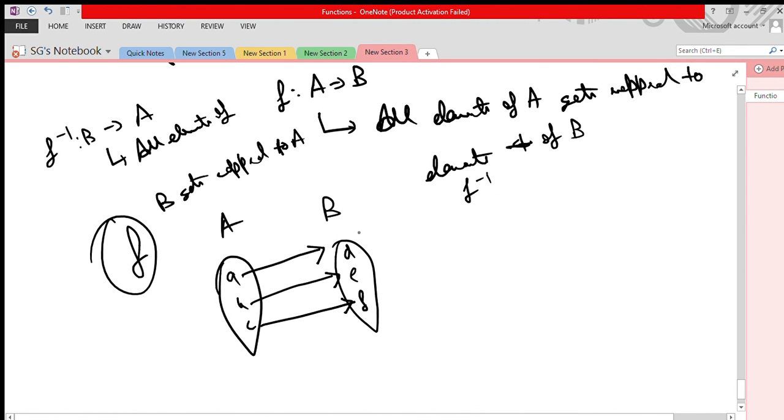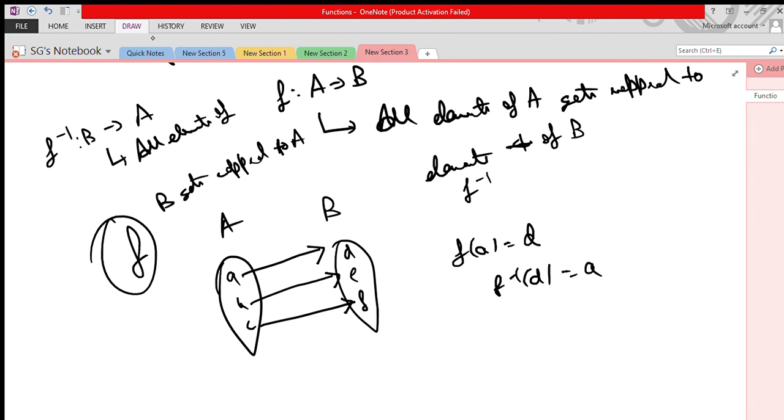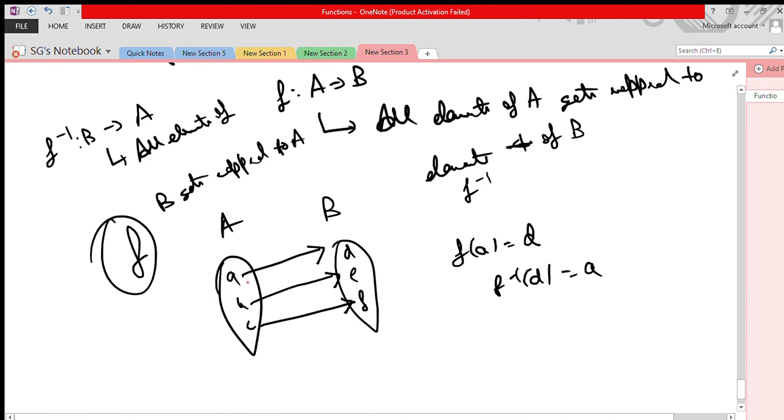That basically means that every element of B will also get mapped back to an element of A. And since f of A equals D, f inverse of D will get mapped to A, that is the pre-image. An image gets inverse mapped to its pre-image, right? So what happens is that D will inverse map to A, E will inverse map to B, and F will inverse map to C.